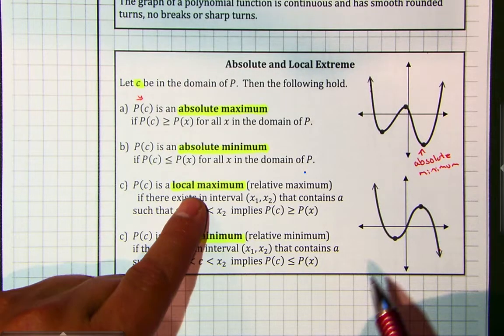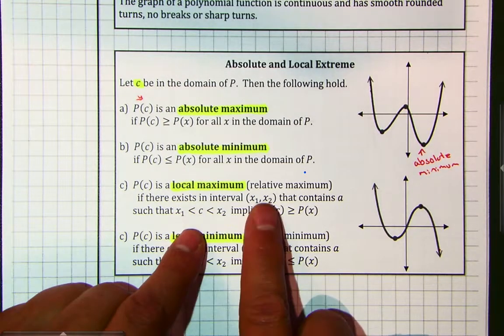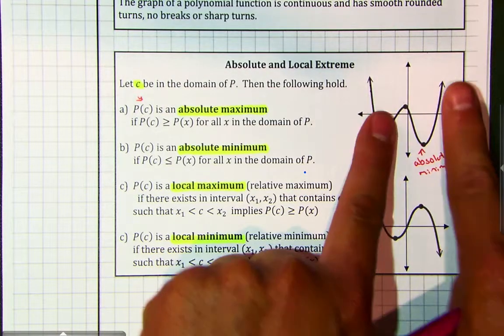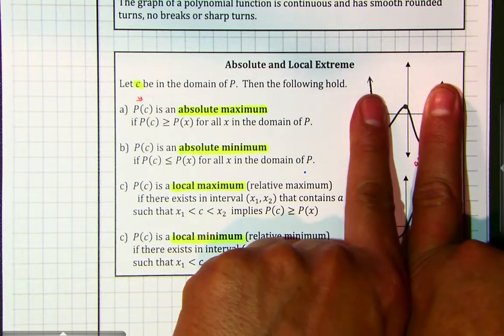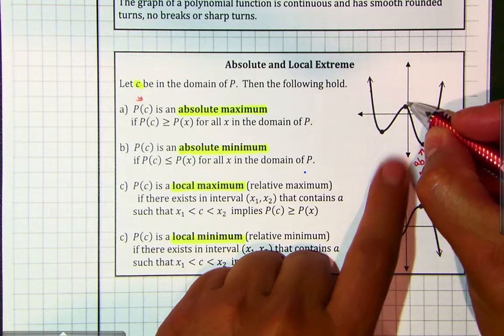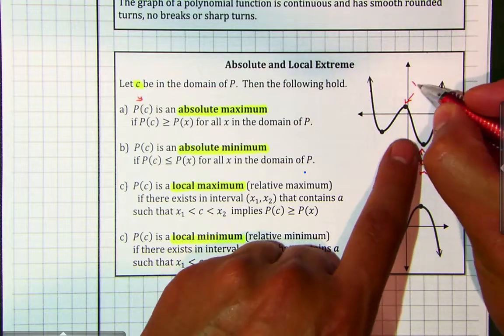For a local maximum, you can restrict the interval to a specific domain, and if that is the highest point in that interval, that is called the local maximum.